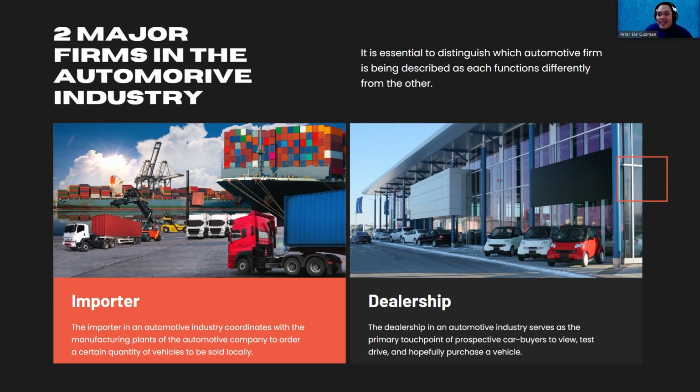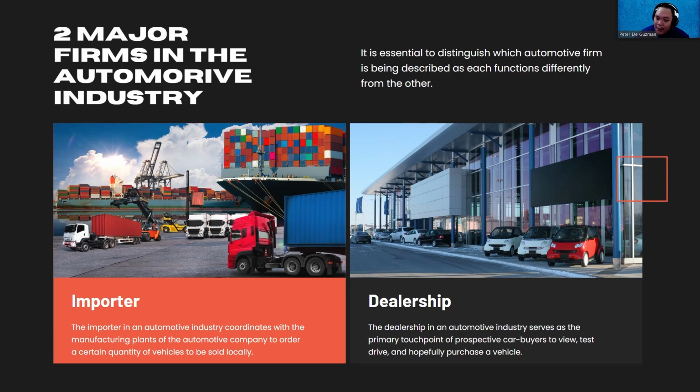And once these units are here, they are then sold to what we know as the automotive dealership or the car dealership. Now, this is the second classification. A car dealership or an automotive dealership serves as the primary and arguably the only touch point of prospective car buyers to view, test drive, and hopefully purchase a vehicle.